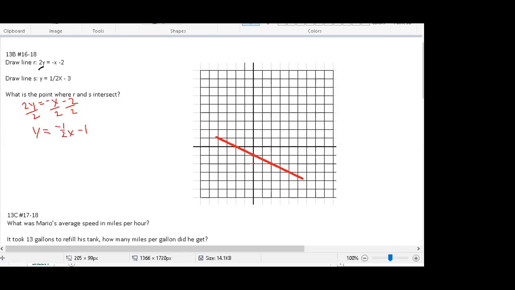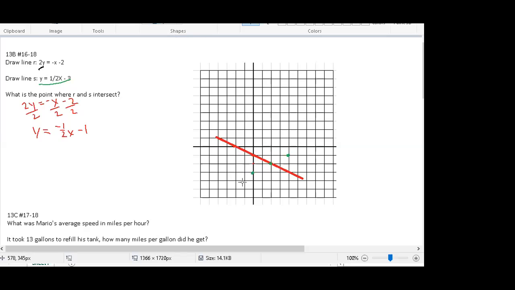Okay, and then the next one, draw this line. It is in slope-intercept form because y is all by itself. So we start at negative 3, and then we go up 1 over 2, up 1 over 2.